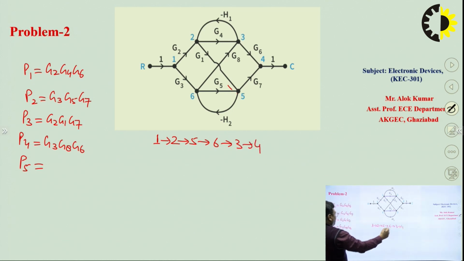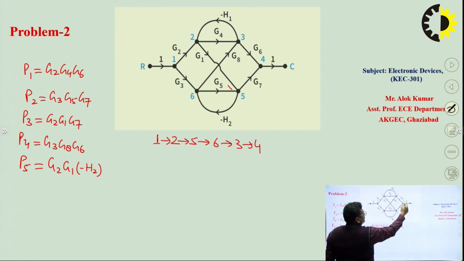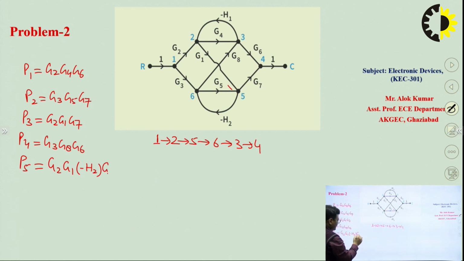The forward path gain for this will be G2, G1, minus H2, then G8 and G6.